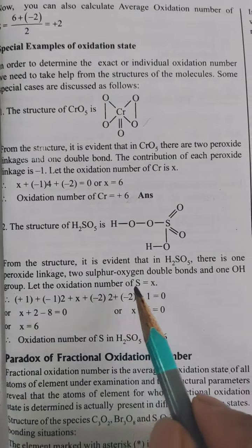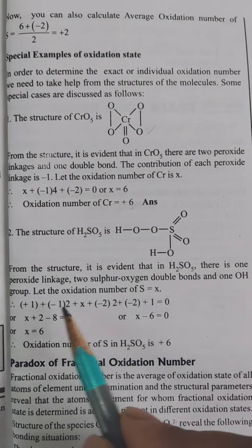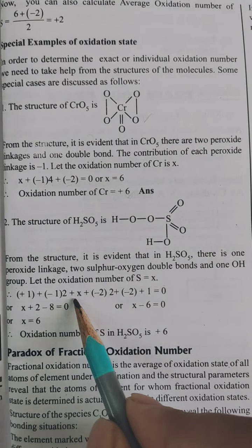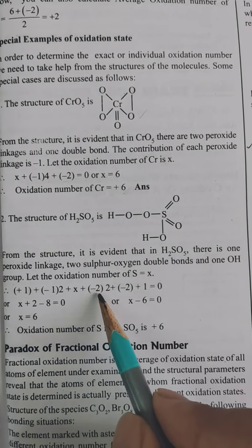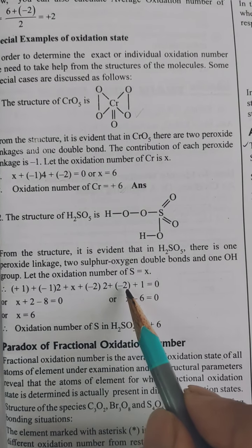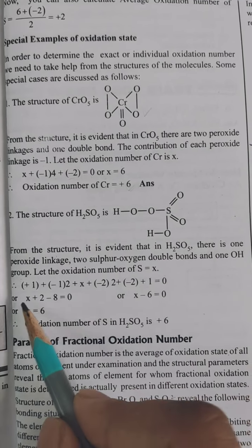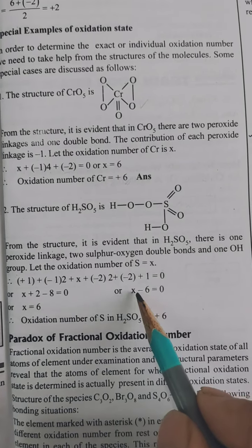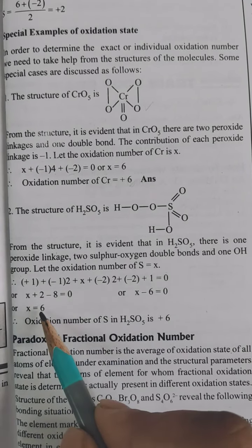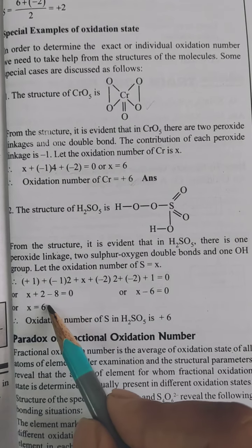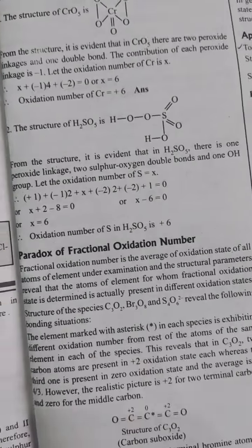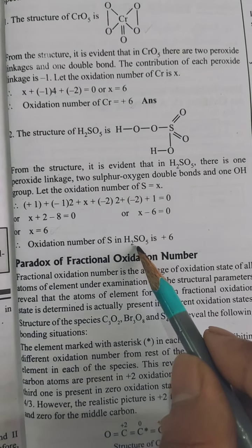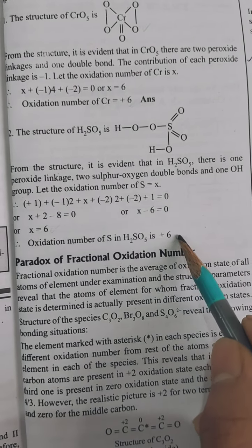Let the oxidation number of sulfur be x. Then 1 + (-1) × 2 + x + (-2) × 2 + (-2) + 1 = 0, or x + 2 - 8 = 0, or x - 6 = 0, or x = 6. The oxidation number of sulfur in H2SO5 is 6.